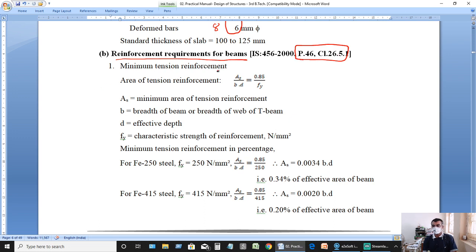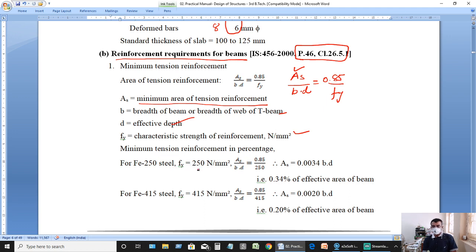So minimum tension reinforcement: the equation is As upon b into d is equal to 0.85 upon fy, right? Where As is the minimum area of tension reinforcement, b is the width of the beam, d is the effective depth, and fy is the characteristic strength.